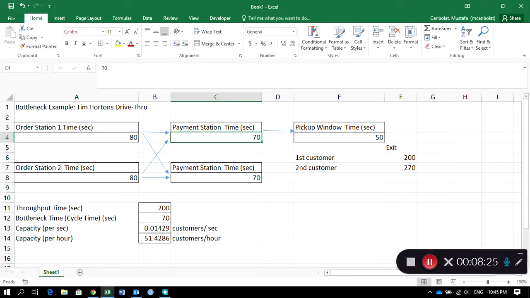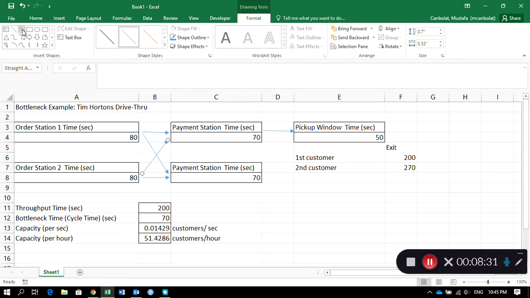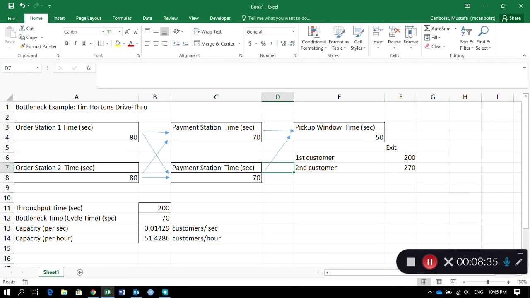Now if we have two payment stations, we also put an arrow from payment station 2 to the pickup window. So how are we going to calculate the capacity of this process? If there are two payment stations, they are going to be able to process 2 customers every 70 seconds.